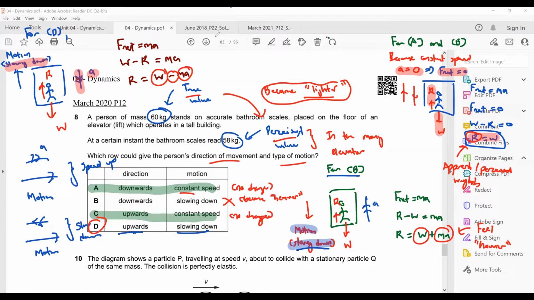Okay. Your weight is being subtracted with MA. So you will actually feel lighter. So answer is D, because here you already see that from 60 kg to 58 kg, you are actually feeling yourself becoming lighter. So the only situation that tells you that you are becoming lighter is D.